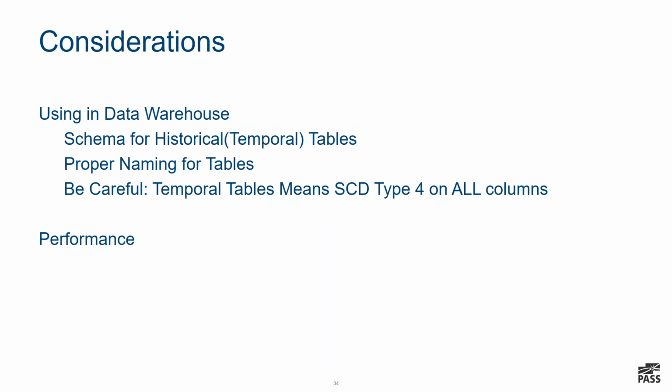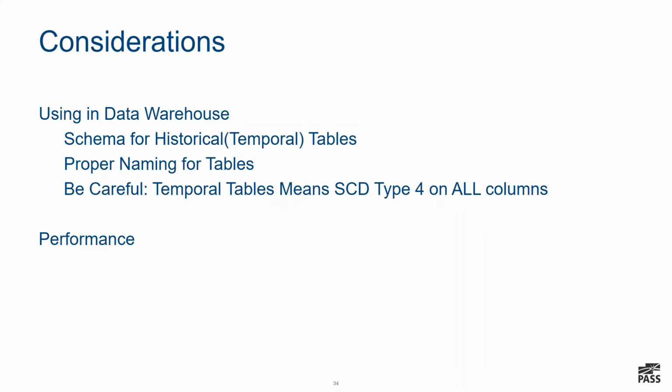So I'll do a consideration slide and then we'll go through Q&A. So, considerations: when you use this in the data warehouse, consider a schema to put your historical tables in. Just don't leave them in your dbo schema or those kinds of things. These are some best practices. Consider proper names for your tables instead of MSSQL_TemporalHistoryFor_objectID.